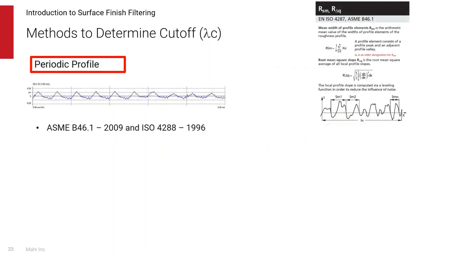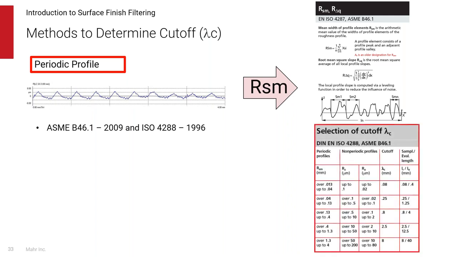Again, there are standards that allow us to determine that cutoff, and refer to these standards for a periodic profile. The key that we like to use is the RSM, and that's again part of the tables that come on these various charts, and roughness RSM is the mean width of that profile length. So you can look at that repeating profile.